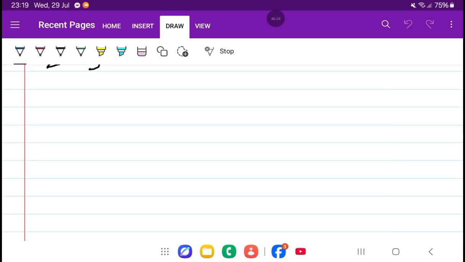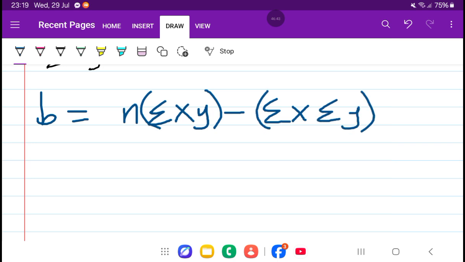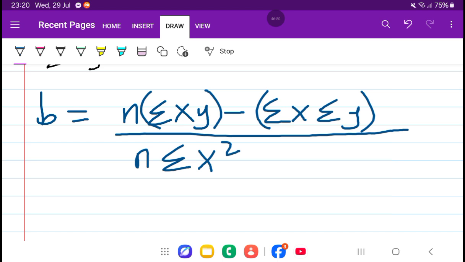The least squares formula for B is n summation xy minus summation x times summation y, over n summation x squared minus summation x, bracket squared.